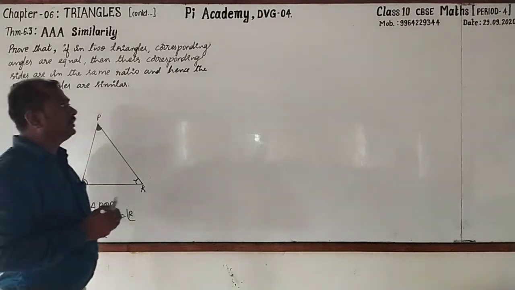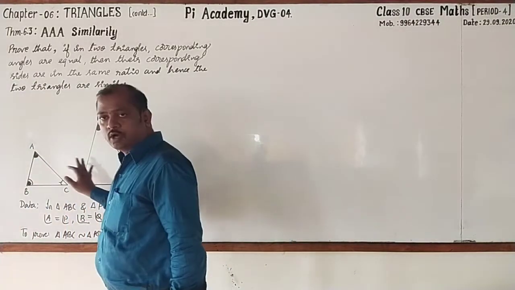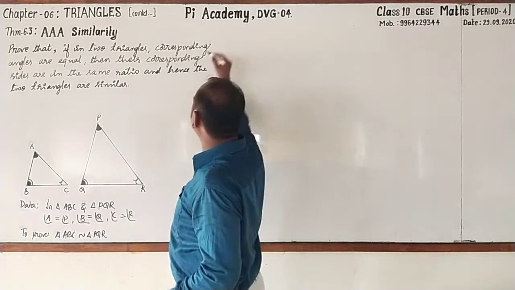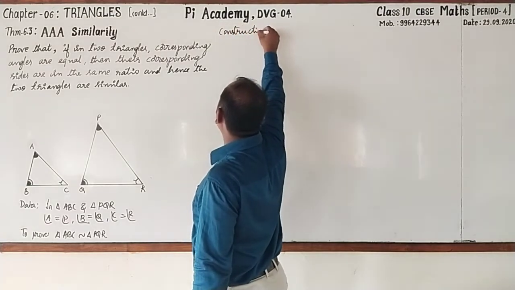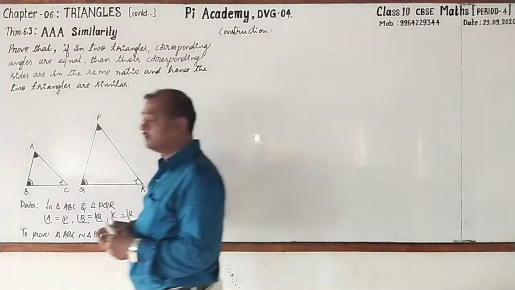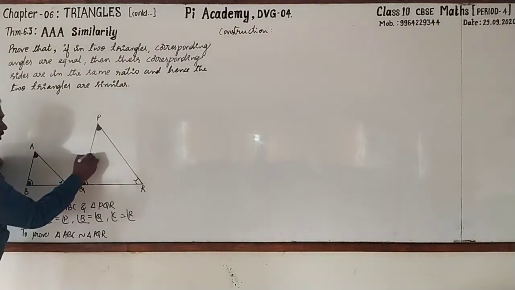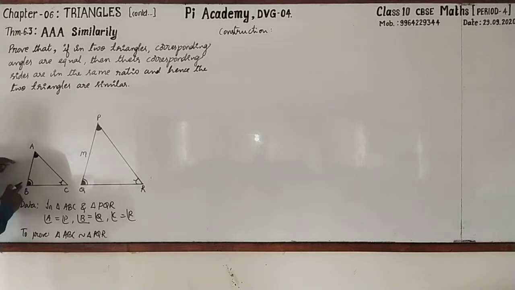Right? Then what is the further step? To prove this logically, we need to go for construction. So let me go for writing that. It is construction. What is that? Here we are going to mark the point on PQ. Call it as M, such that PM is equal to AB.